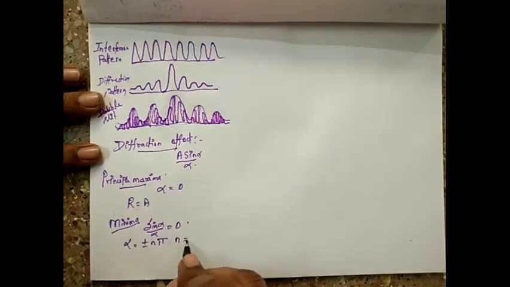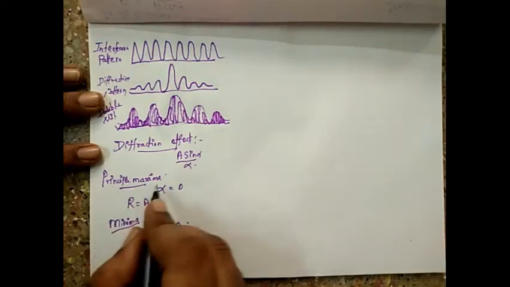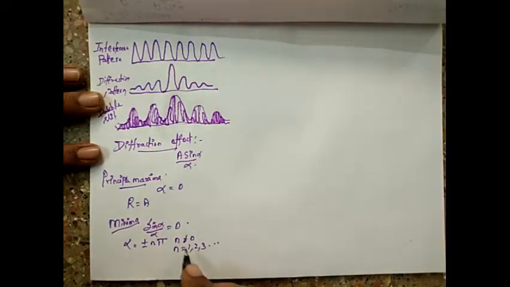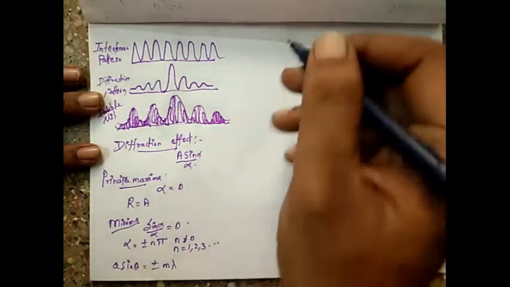So n is not equal to 0, but n can be taken as 1, 2, 3, because if you take n as 0 it is the condition for principal maxima. So n cannot be considered as 0. And a sin theta is equal to plus or minus n lambda. This equation you can refer to in the single slit. The same equation I have written here.